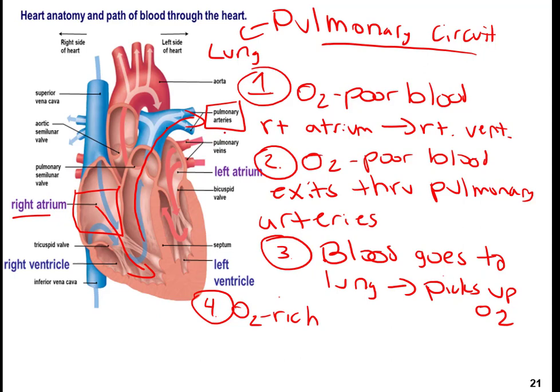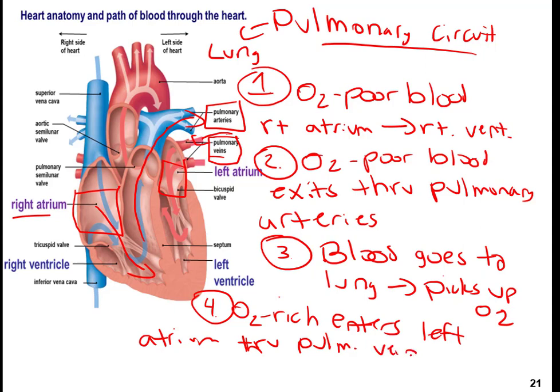So oxygen rich blood is going to go back to your heart through a pulmonary vein. So oxygen rich blood enters the left atrium through a pulmonary vein. That oxygen-rich blood is going to go from your left atrium to the left ventricle.